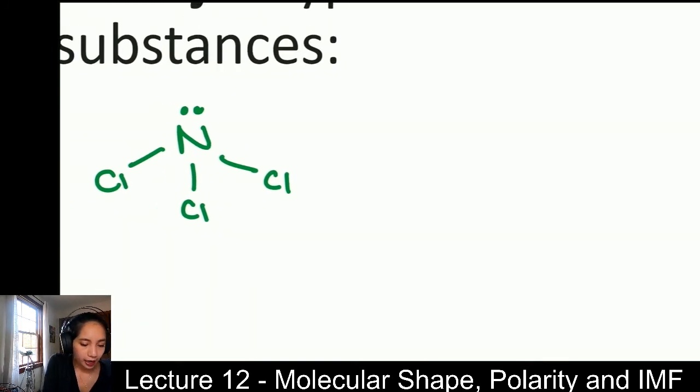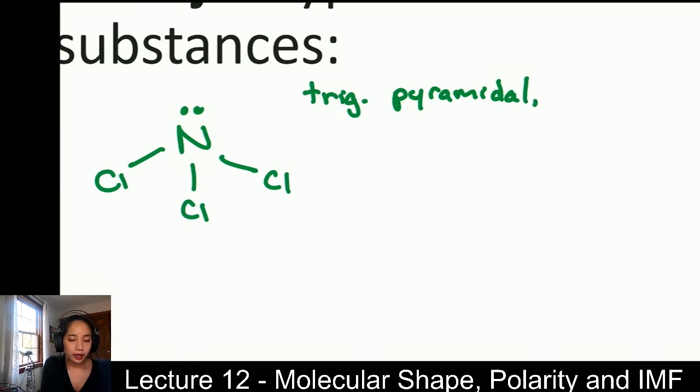This has a trigonal pyramidal shape, and the electron geometry is tetrahedral, where that lone pair is like the top site of the tetrahedron. So this molecule is polar because there's a lone pair here that's disrupting the symmetry. All the sites around nitrogen aren't the same, so those bond dipoles aren't going to cancel out.